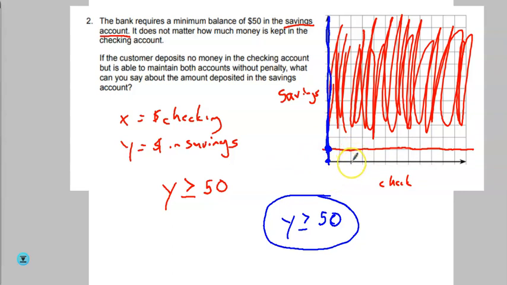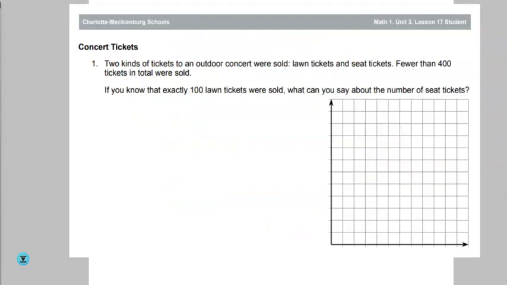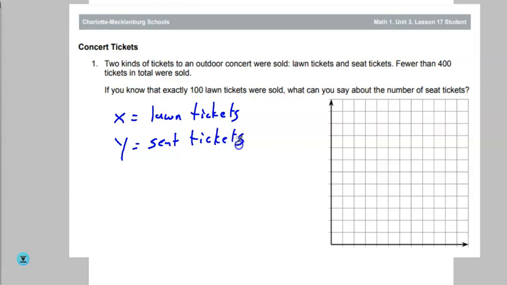All right. On page 74, concert tickets. So there are two kinds of tickets to an outdoor concert, lawn tickets and seat tickets. So let's say X is the lawn tickets and Y is the seat tickets. Fewer than 400 tickets in total were sold.